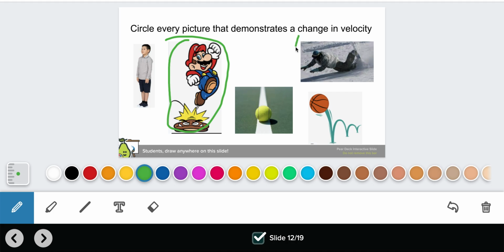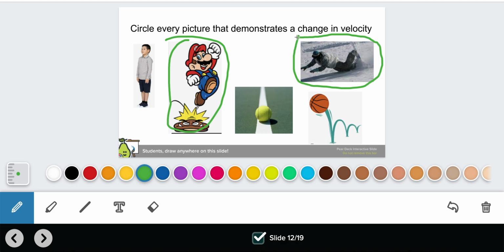Next, we have our snowboarder over here. He is face planting hard in the snow, and he's getting a face full of snow right here. So, did his direction change when he was moving? No, he's still going the same direction.